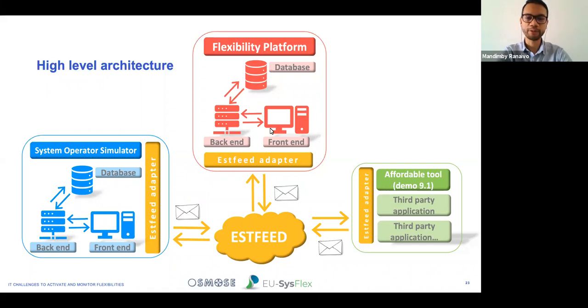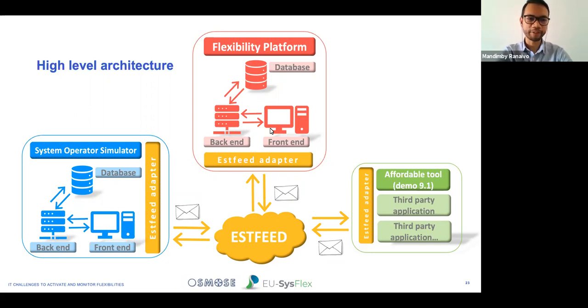As you can see, we have the flexibility platform in red, which is a software application with a user interface for the operator to interact with, all the solution to support the logic behind the processes, and also the persistence feature to support the data model that we have described.